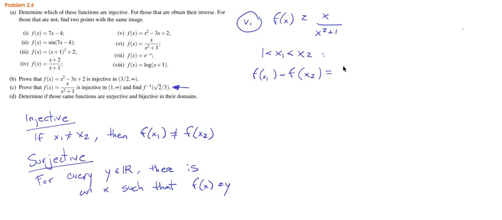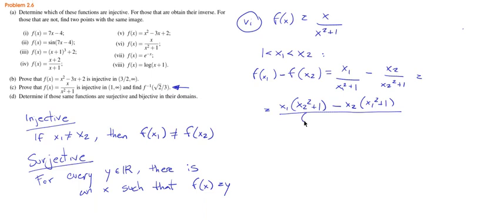So in this case we have x1 over x1 squared plus 1 minus x2 over x2 squared plus 1, and then you bring everything to the same fraction and expand.